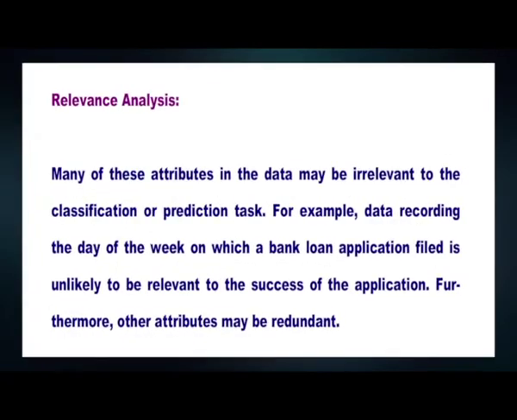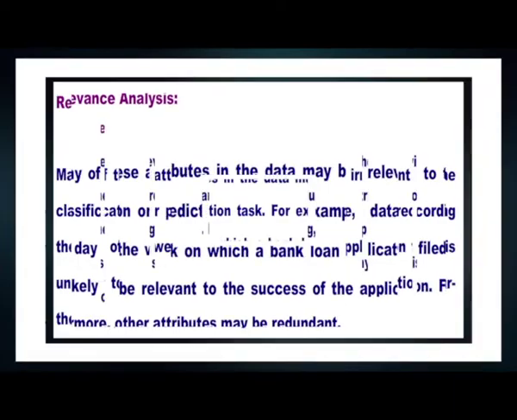The next important step is relevance analysis. Many of the attributes in the data may be irrelevant to the classification or prediction task. For example, data recording the day of the week on which a bank loan application was filed is unlikely to be relevant to the success of the application. Furthermore, other attributes may be redundant.